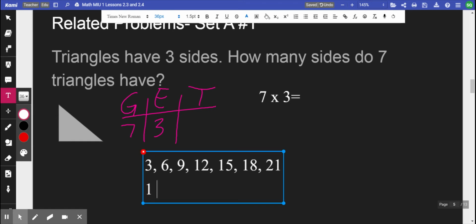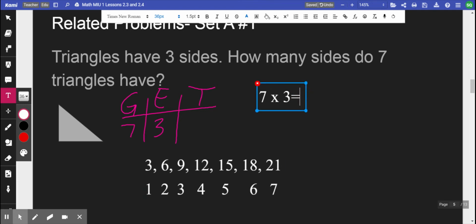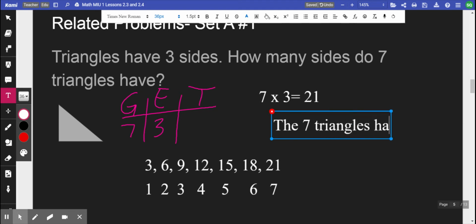That's the 7th one. 1, 2, 3, 4, 5, 6, 7. Oh, 7 times 3 is 21. How many sides do the 7 triangles have? 7 triangles have 21 sides.